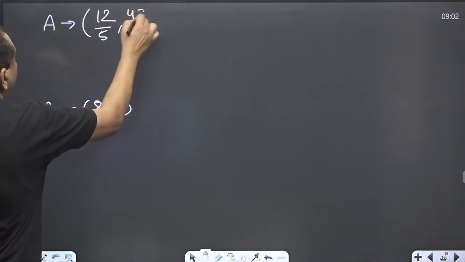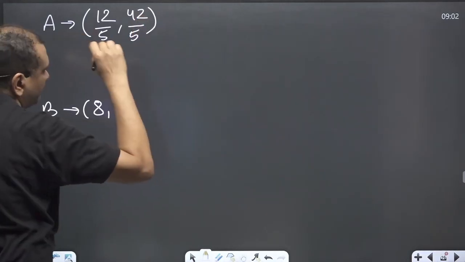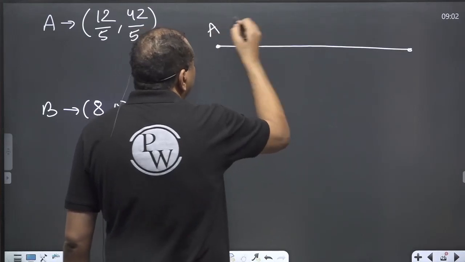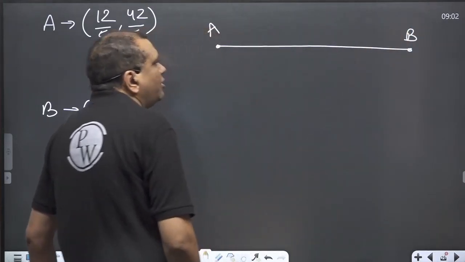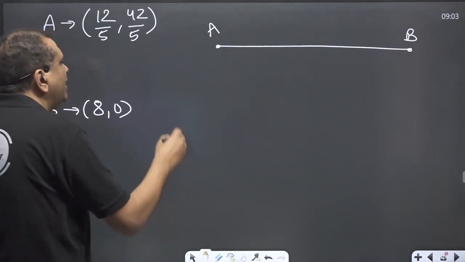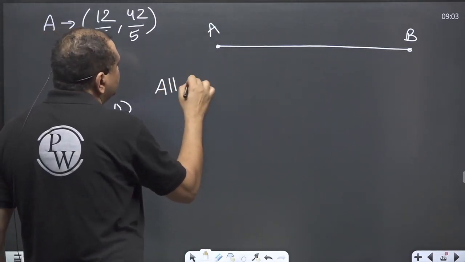All the points on the line segment AB will give me the optimum point. So how to find all the optimum points?